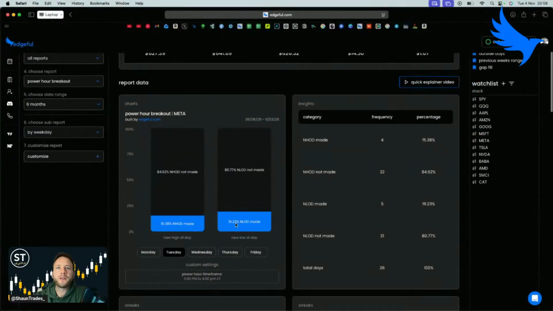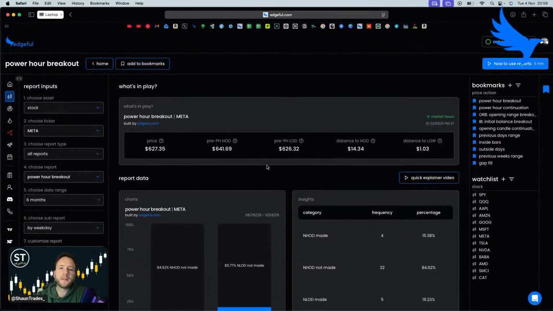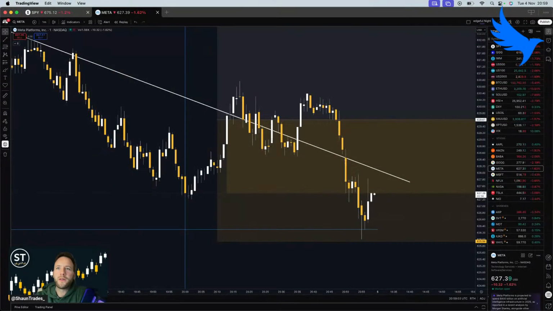This will now increase to probably around that 20% mark by weekday on the Tuesdays. Next Tuesday, you'll see it a little bit higher than that because it has indeed broken the lows of the day. It's subsequently now bounced back up a little bit, but it has broken the lows of the day.